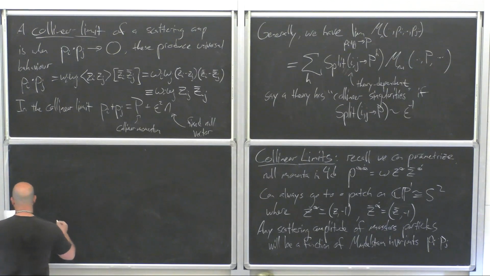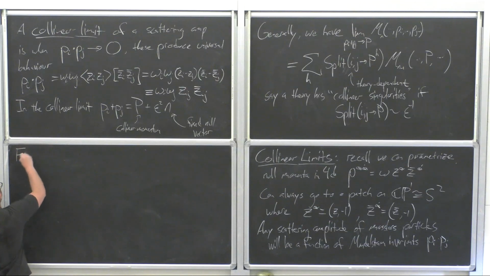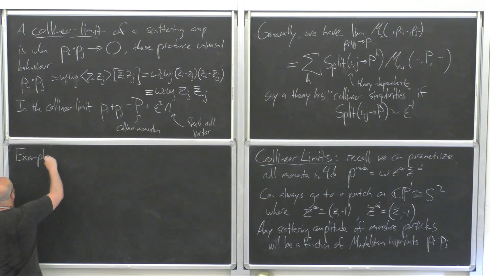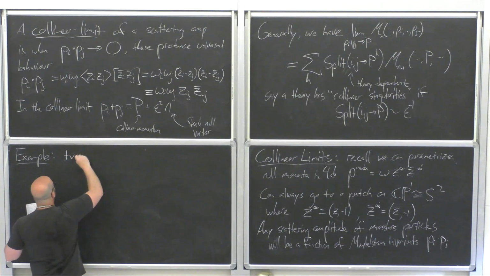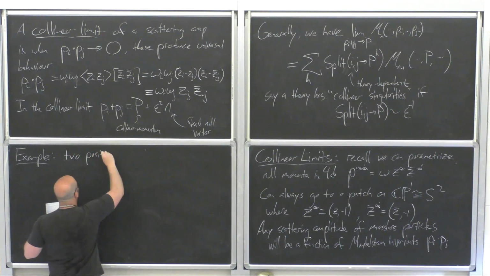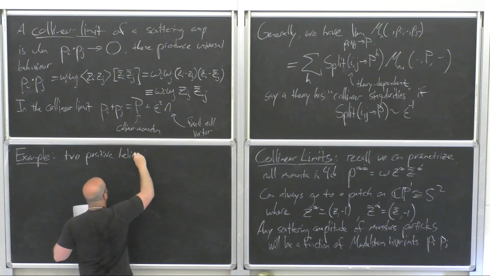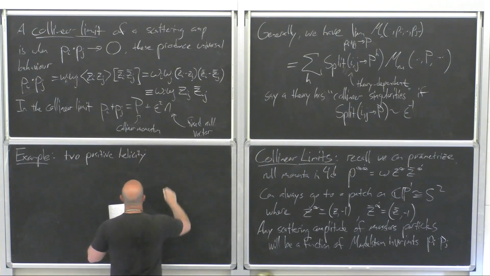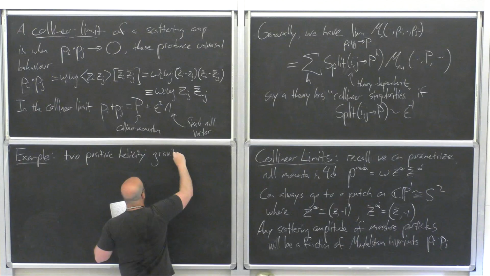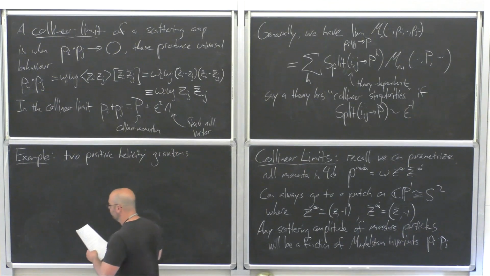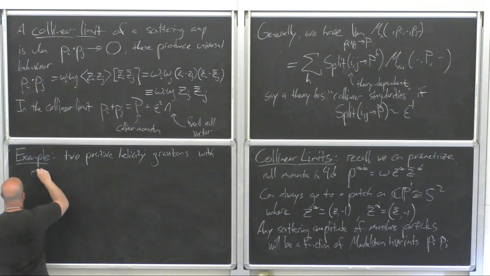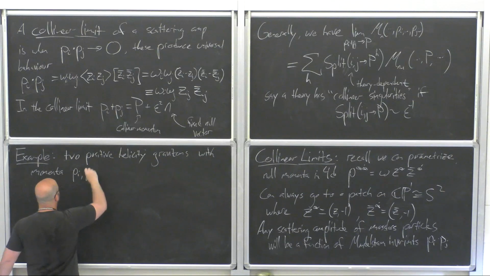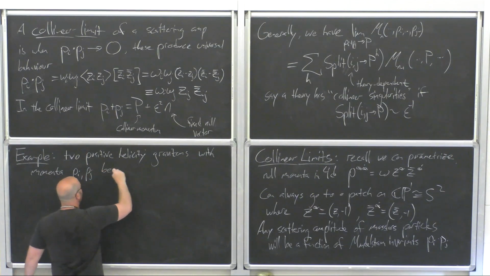Okay, so for instance, let's consider an example. Consider two positive helicity gravitons with momenta p_i and p_j becoming collinear.